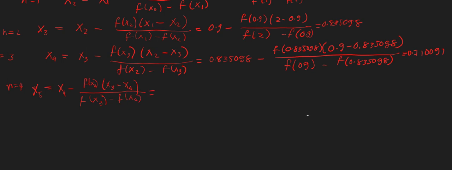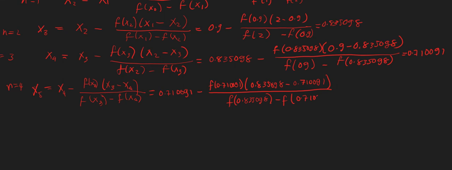So this will be equal to, our x4 is 0.710091 minus f of x4, f of 0.710091, multiply it with x3 minus x4. x3 is 0.835098 minus 0.710091, and you divide this with f of 0.835098 minus f of 0.710091. Calculate this again.